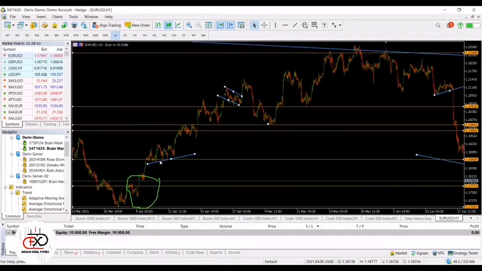So when you look at here, what we did was perfect. We are now on the 1 hour time frame, and what we did here was perfect, which shows the direction of the market.